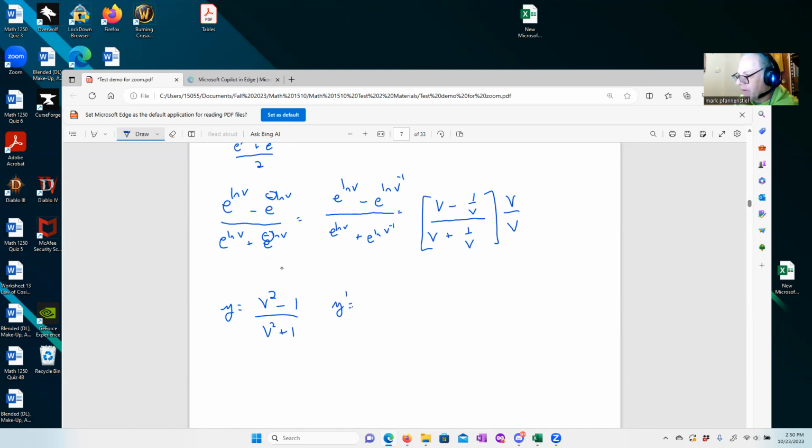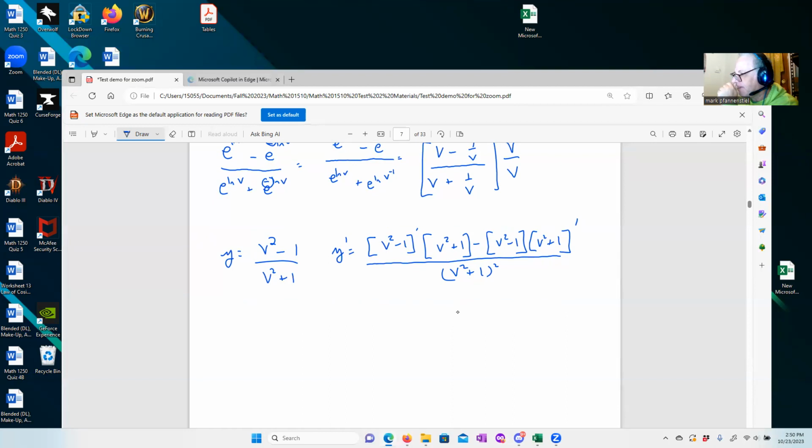Okay, so we have y prime equals, well, the derivative of the top, v squared minus 1, times the second, v squared plus 1, minus the top, v squared minus 1, times the derivative of the bottom, v squared plus 1, all divided by v squared plus 1 squared.